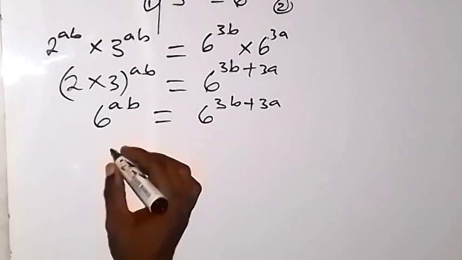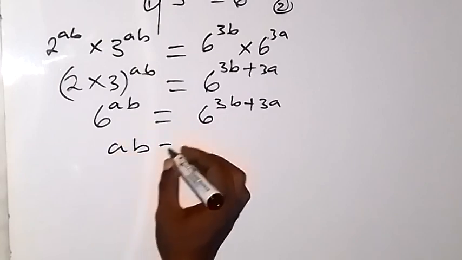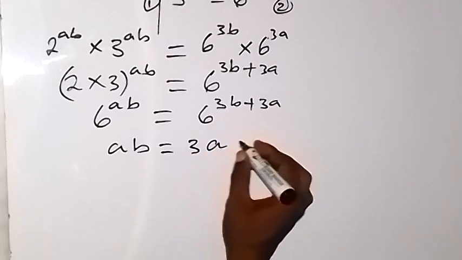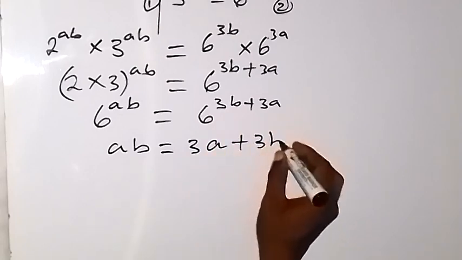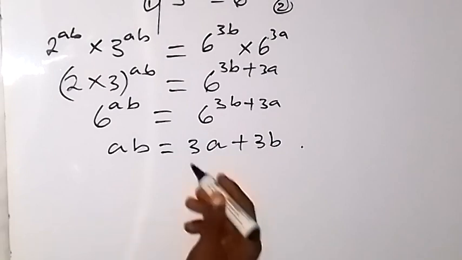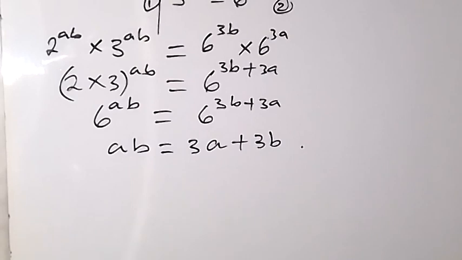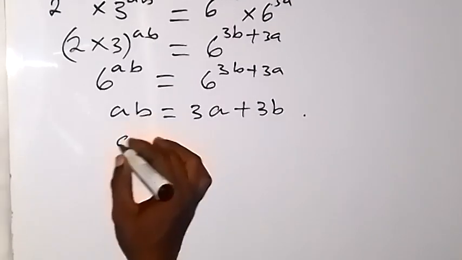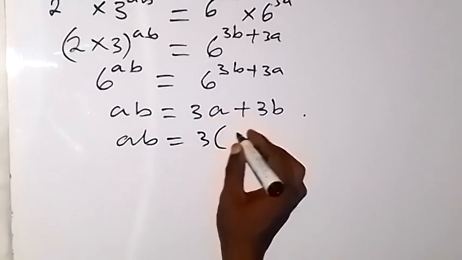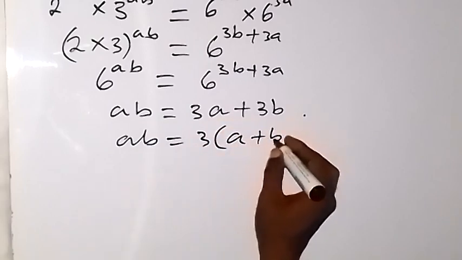We can equate the powers and say ab equals 3b, and I can rearrange it and say 3a plus 3b. And from there, we can bring out 3 on this side and say ab equals 3 into bracket a plus b.